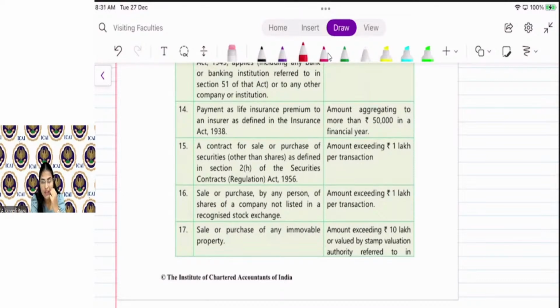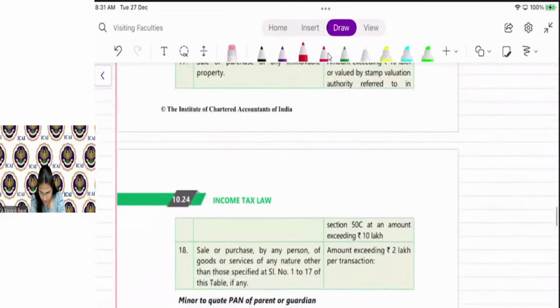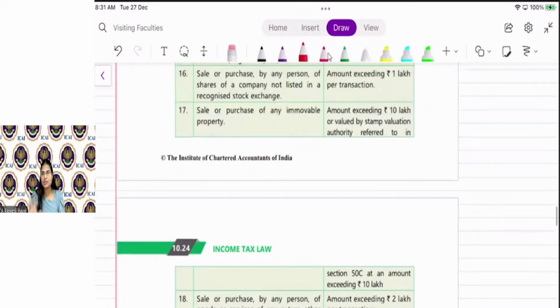Sale or purchase of any immovable property, amount exceeding 10 lakh or valued by the Stamp Valuation Authority referred to in Section 50C at an amount exceeding 10 lakh. So if you are purchasing any immovable property and the value of that property or stamp duty value of that property is more than 10 lakh rupees, then you have to provide your PAN to the registrar of that jurisdiction.